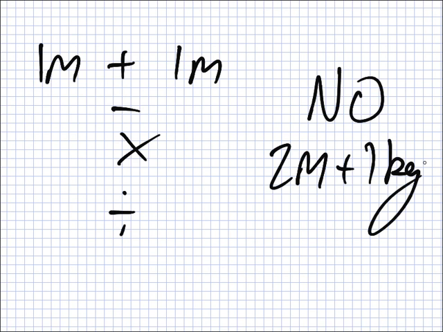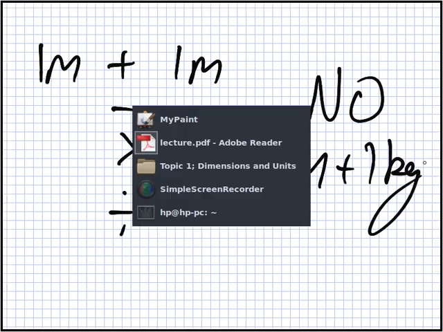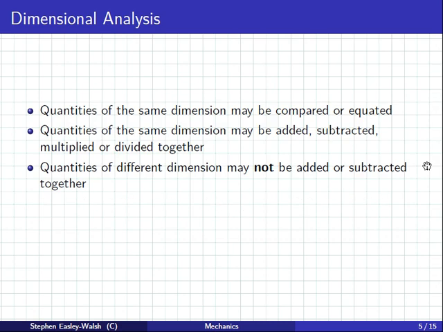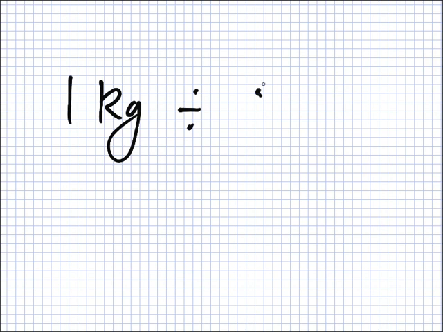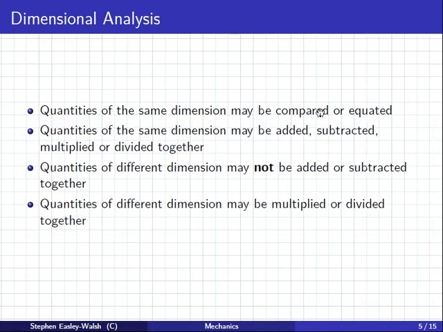Very wrong. But what about 1 kilogram divided by 2 seconds? Yes, you can. If they're different dimensions, you can still multiply or divide. It's still possible.